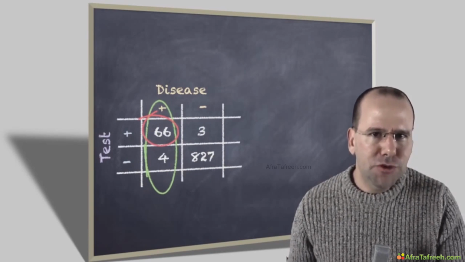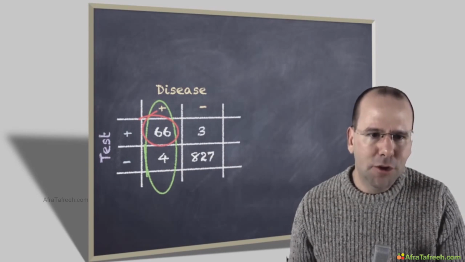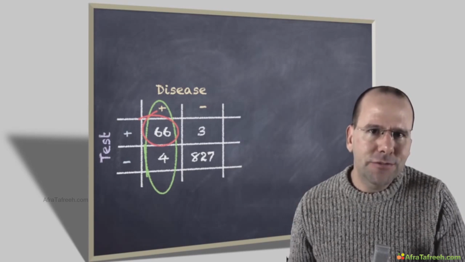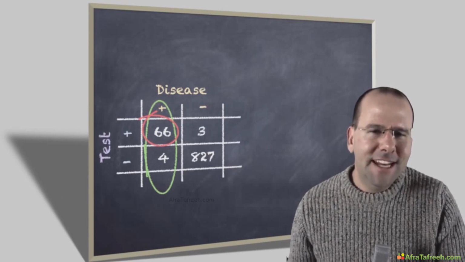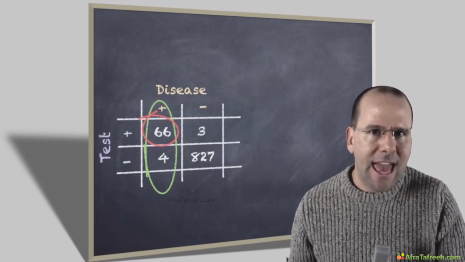And so the difference between the numerator and the denominator, the numerator being the 66 people and the denominator being the 66 plus 4, so the 70 people, the difference between those two groups is a function of the characteristics of the test itself, and it's not affected at all by the prevalence of the disease because everybody in that group has the disease.